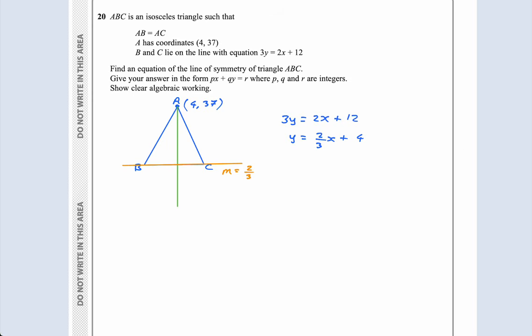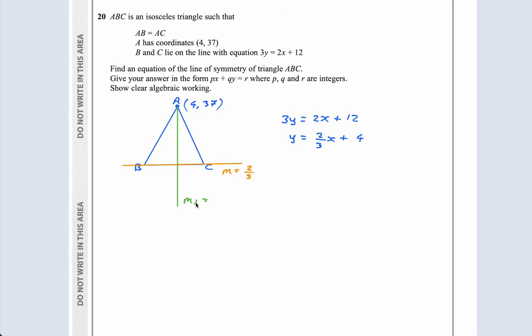The m of this line, let's call it m perpendicular, has to be the negative reciprocal. Sorry, I don't need this point because I can just use this point. That was my mistake before.